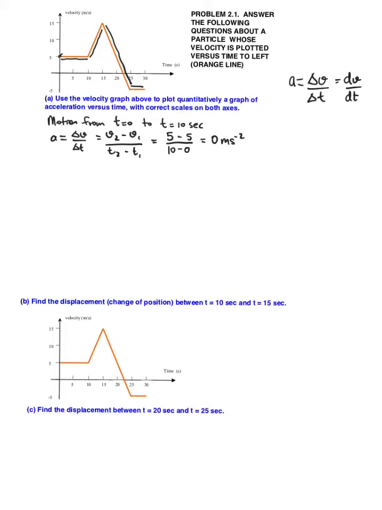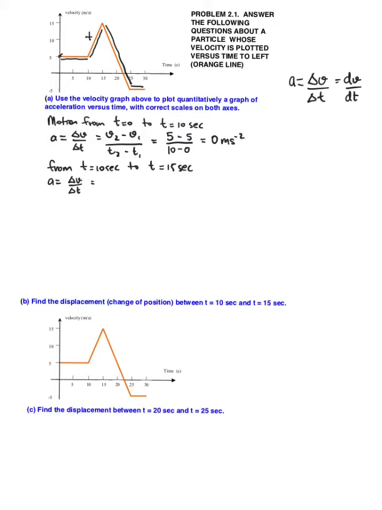Okay, so in the next section, from t equals 10 seconds to t equals 15 seconds, you can see we have some positive slope here going upwards, some constant value of slope. So this means our velocity is changing. We must have some constant acceleration that's causing that constant change. And remember, again, we can use acceleration equals delta v over delta t.